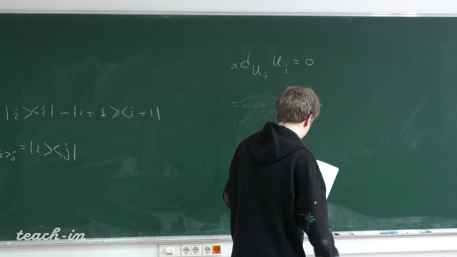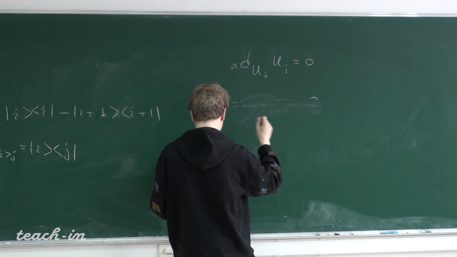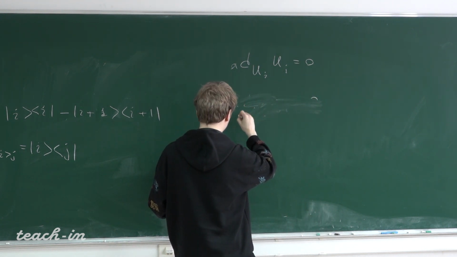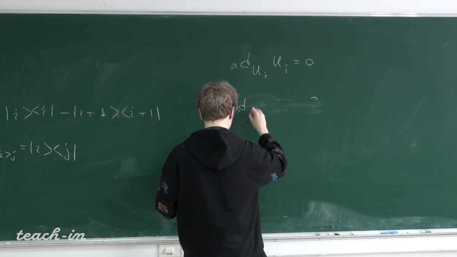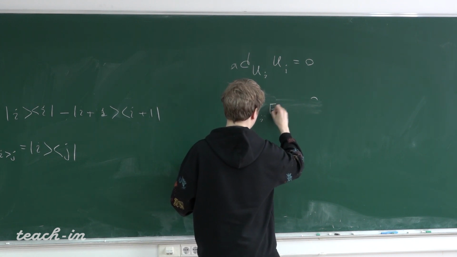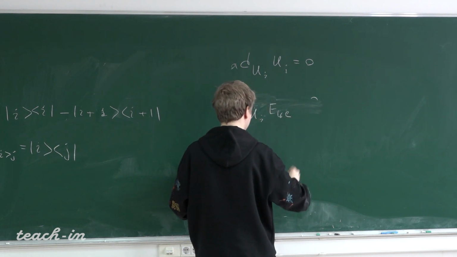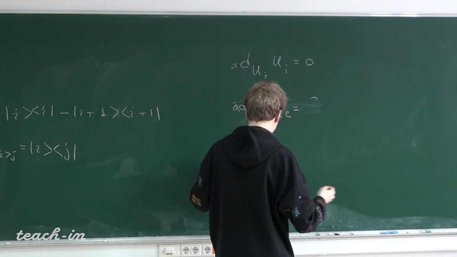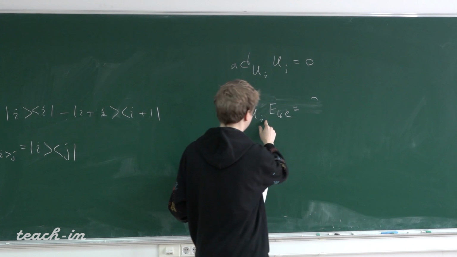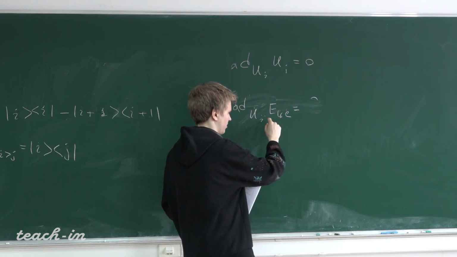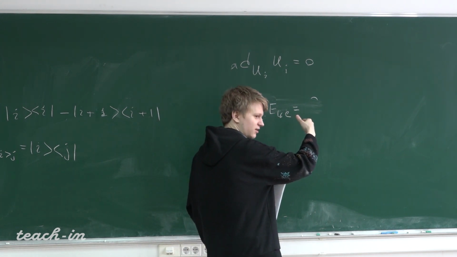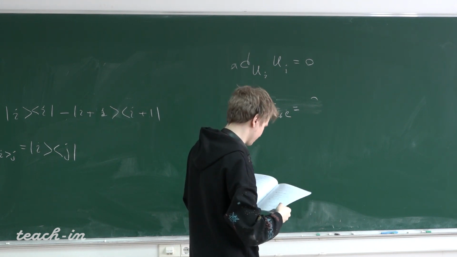The correct one is that we have a formula for ad H_i of E_kl, and then we consider different cases. We have a set of three indices here, and we consider different cases.